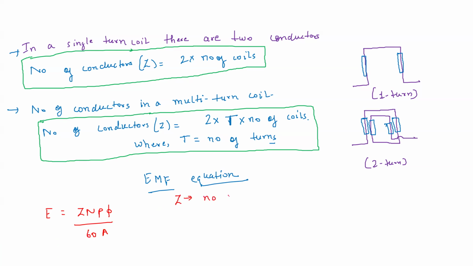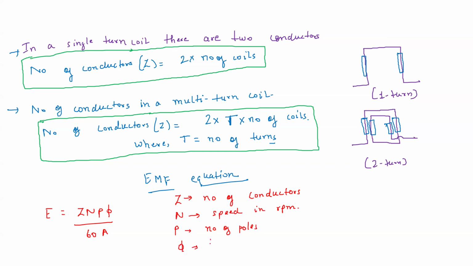So Z is the number of conductors. Okay, so N is the speed in RPM. Remember. Then P is the number of poles.